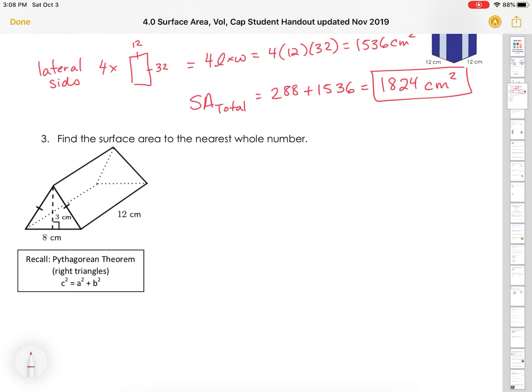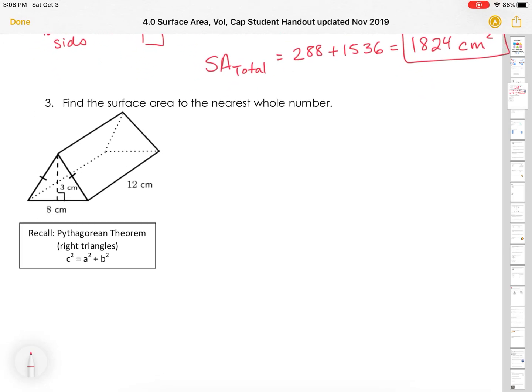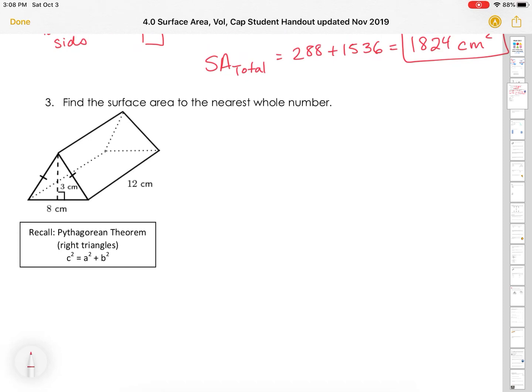Next we have a triangular prism. We're going to find the surface area to the nearest whole number. Now here I don't have an equilateral triangle because the base is 8 centimeters and the height is 3 centimeters.